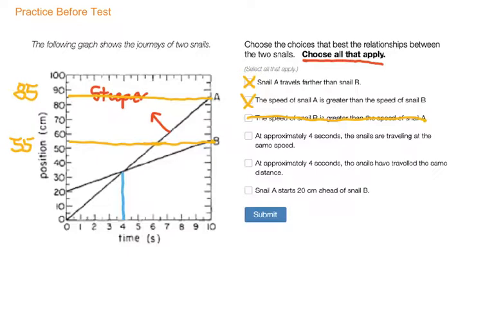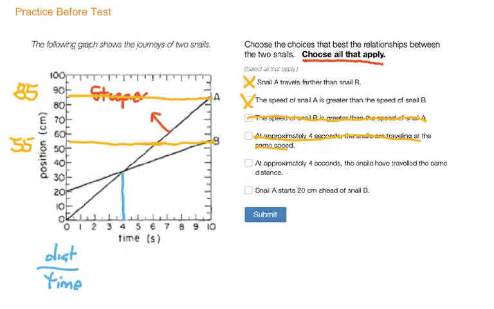Remember, speed is distance over time. Take a look at the speed at that point, this line. They're not traveling at the same speed. The lines are at different slopes, at different inclines. So I'm going to mark that one no.